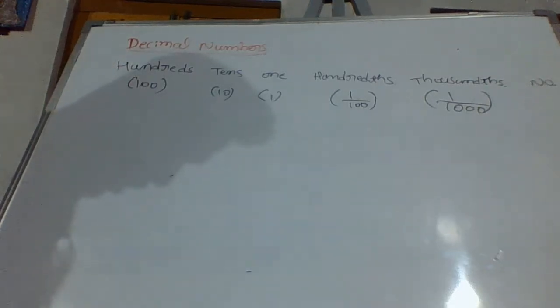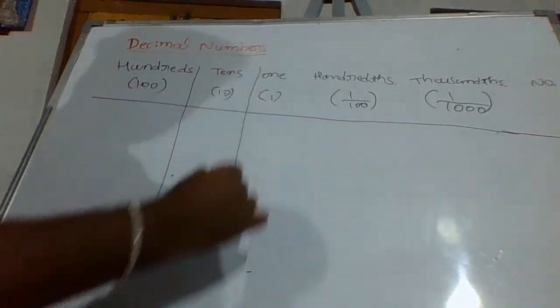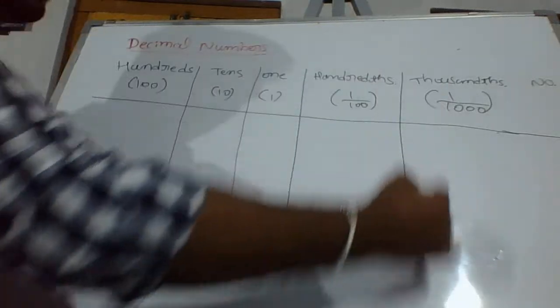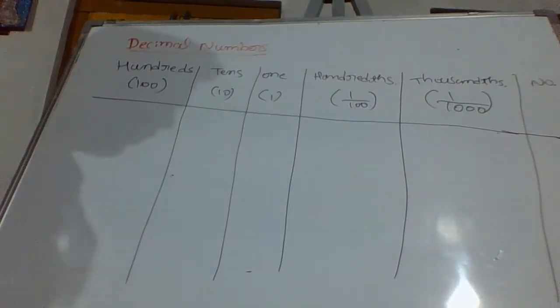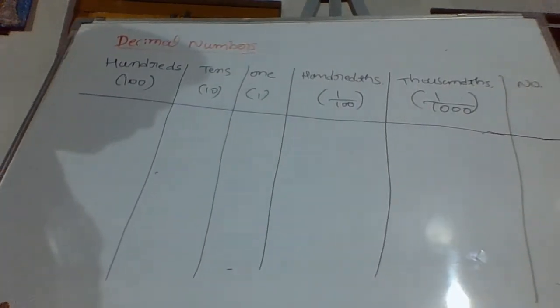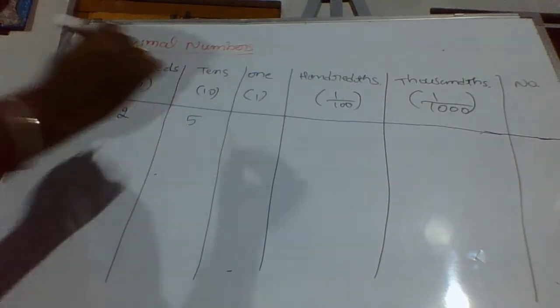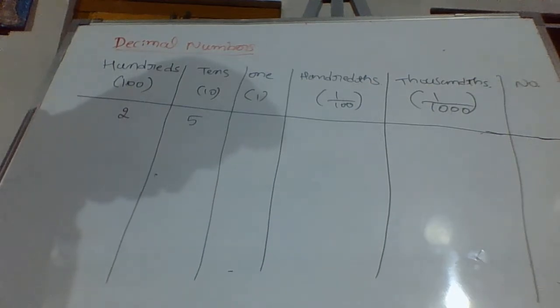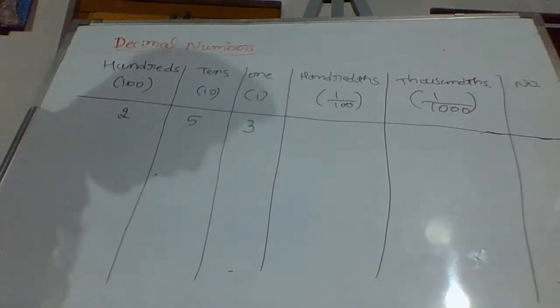Here in the first row, in the hundreds place they have given 2, in the tens place 5, and in the ones place 3.